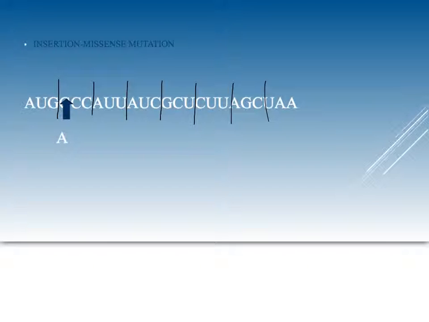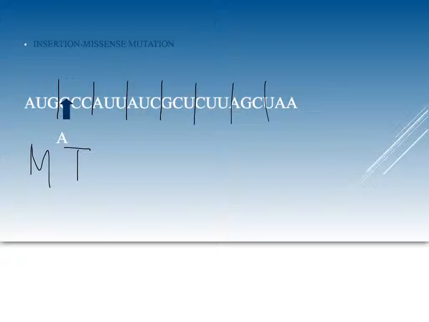We'll start off with methionine again. Now, if you remember previously, that was GCC, which codes for alanine. Now, since the first base changed from G to A, it will be ACC, which is threonine.